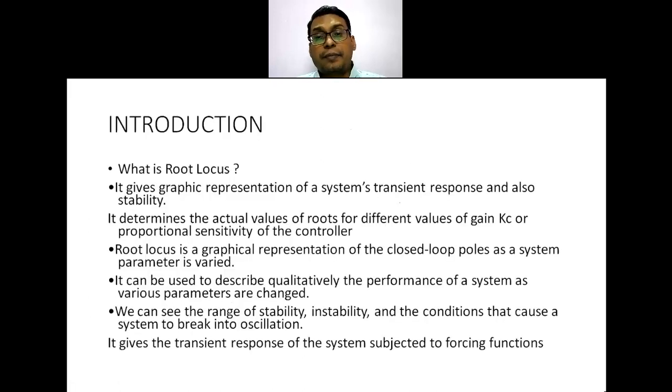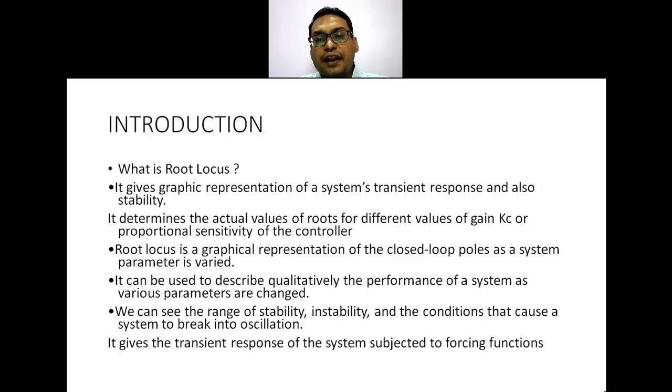It determines the actual values of the roots for different values of the gain Kc, or the proportional sensitivity of a controller. The root locus is a graphical representation of closed loop poles as a system parameter is varied. The system parameter is nothing but your Kc. It can be used to describe qualitatively the performance of a system as various parameters are changed.